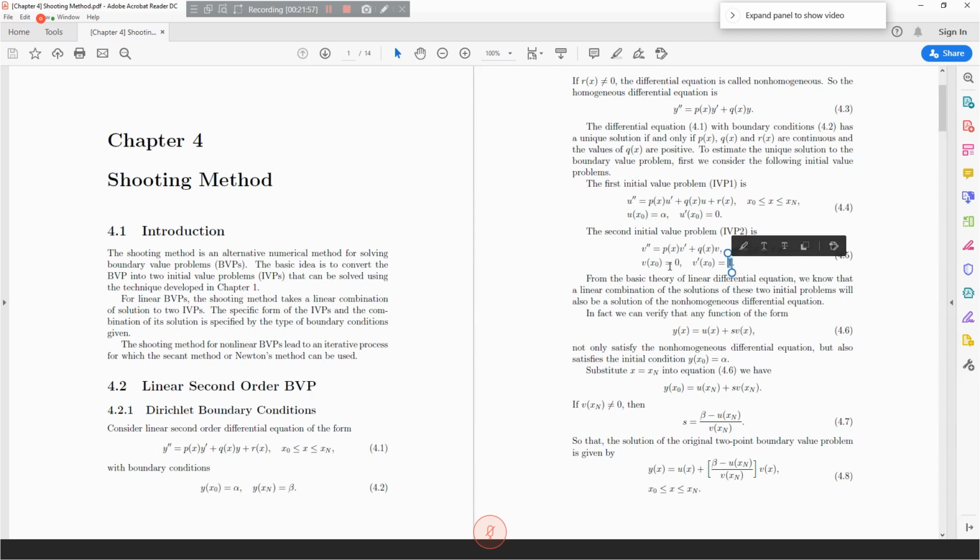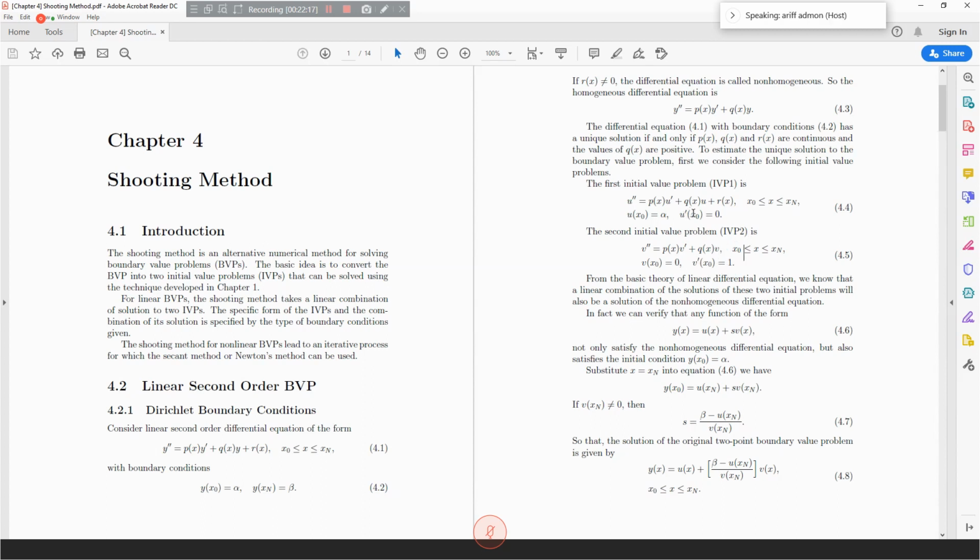You cannot shuffle the position. For example, you cannot put 1 here, this must be 0. You cannot put 0 here, this must be 1. That is the condition for IVP2.